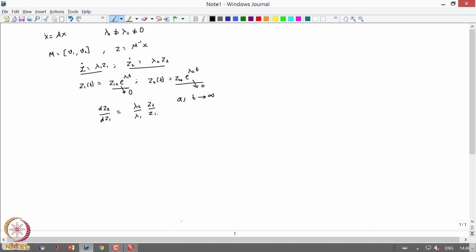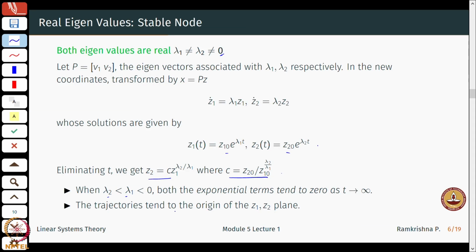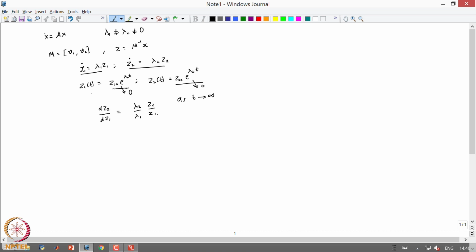This is kind of obvious. And if I look at the Z1 Z2 plane, the trajectories tend to the origin, like so. Here Z1 also goes to 0 and Z2 also goes to 0.